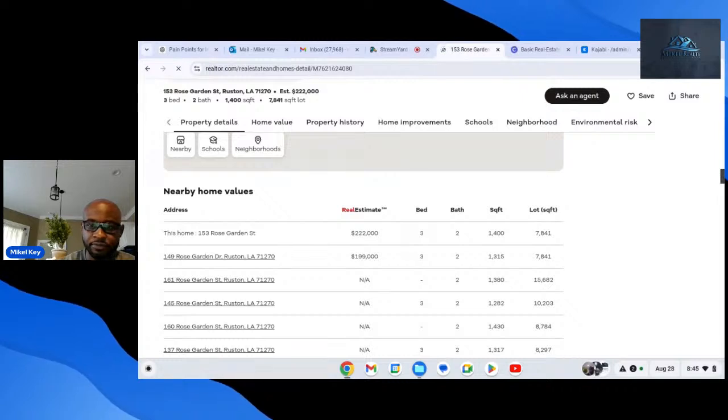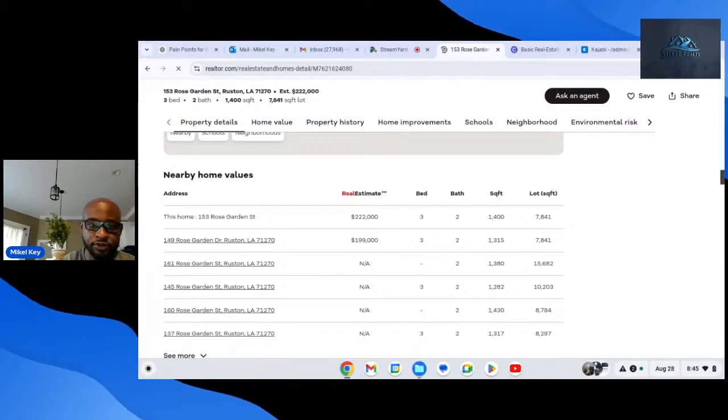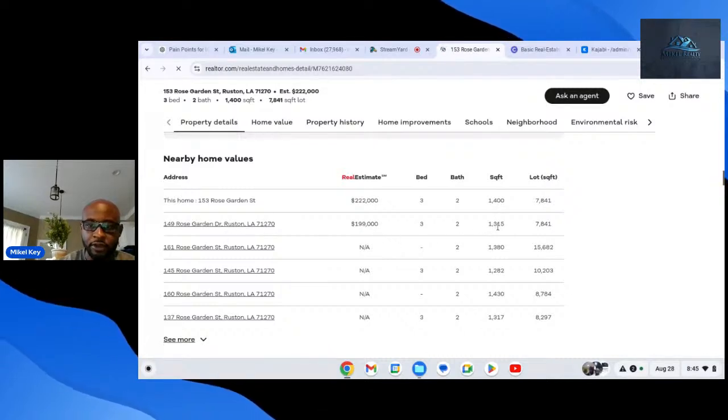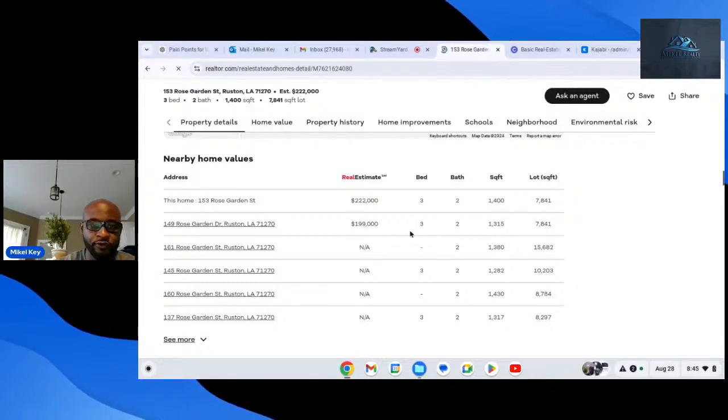It also gives you comps for your area. As you can see, 149 Rose Garden, 3-bedroom, 2-bath, 1,315 square feet.